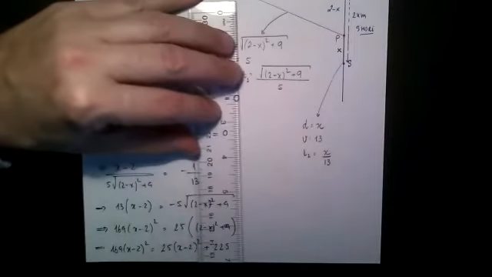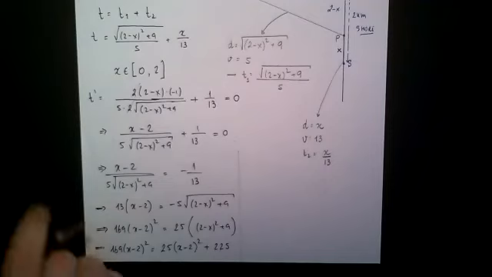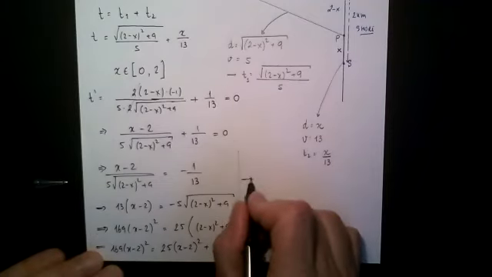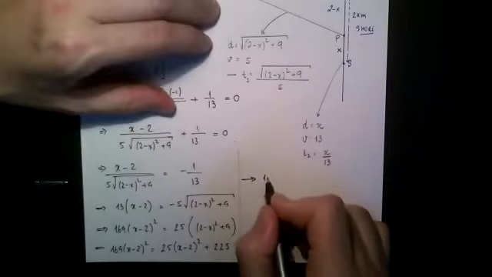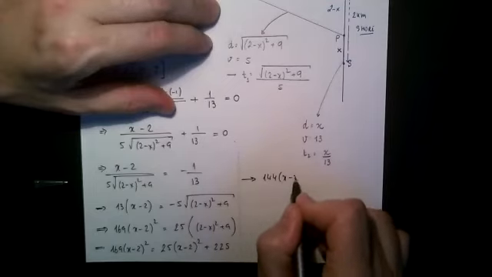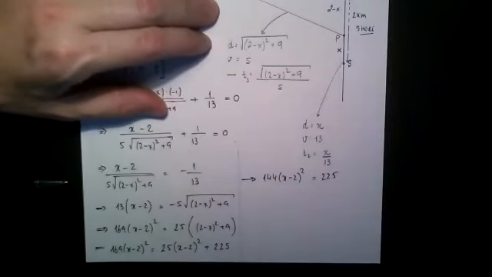I'll continue here, see if I could fit the whole problem in this page. Send this to the left, so 169 minus 25, I think it's 144. Yep, so 144 (x - 2)² equals 225.